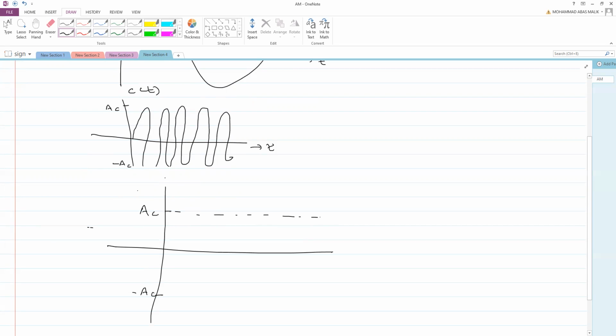So this one will be your AC plus AM, where AM is the maximum amplitude of your modulating signal. That's also called the baseband signal. So this one will be your AC minus AM. So your signal will start like this from here.